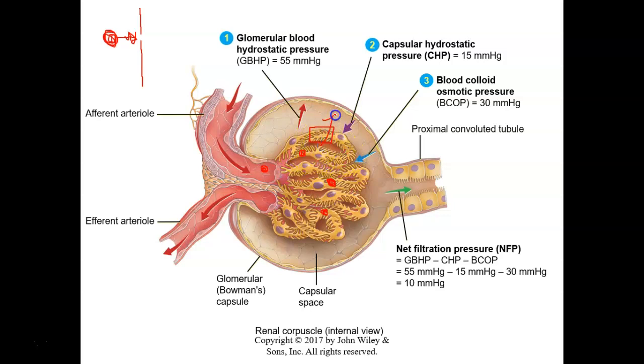Well, if more and more water leaves, because of sodium, potassium, glucose, etc., what happens to the concentration of proteins in the blood within the glomerulus? Oh, it elevates. Because levels of proteins in the blood begin to elevate, that then draws more water back into the glomerulus. You're like, well, wait a second, if more water is drawn back into the glomerulus, doesn't that mean levels of sodium and potassium, etc., would increase in Bowman's space?